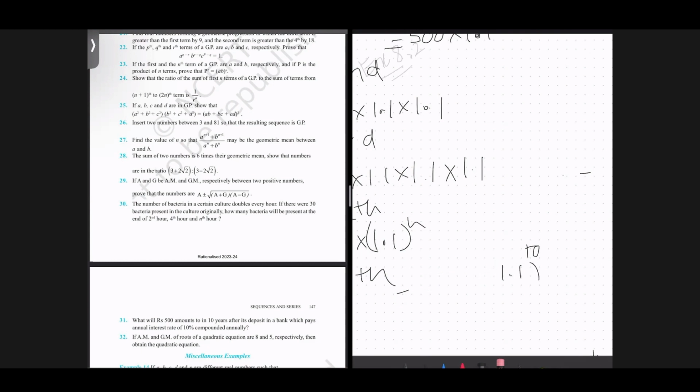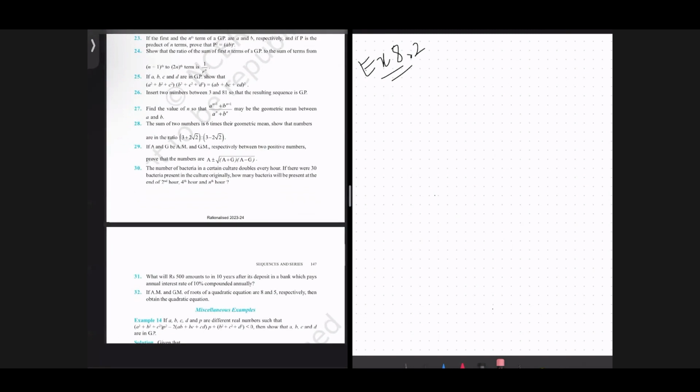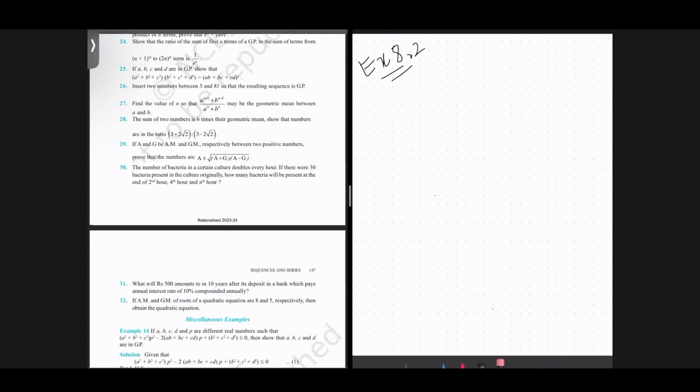Moving on, if the AM and GM of roots of a quadratic equation are 8 and 5 respectively, then obtain the quadratic equation, right? So question number 32 tells us that the AM and GM of roots of a quadratic equation are 8 and 5, right?